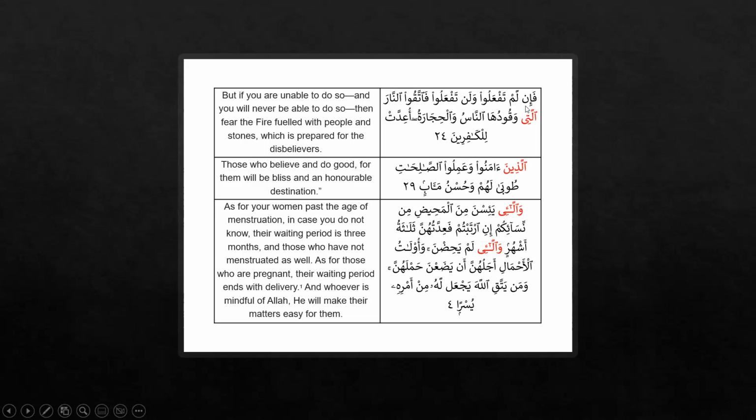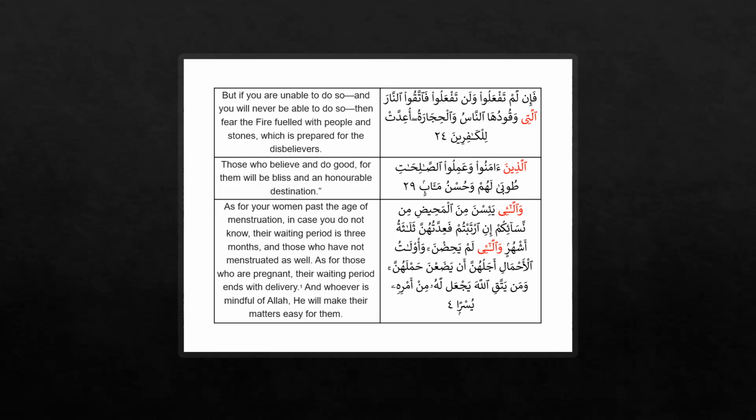So here allati is used for nar, which is giving more information about the word fire. This is the relative pronoun, allati. In the same way, allazina, as I told you, is used for more than two.